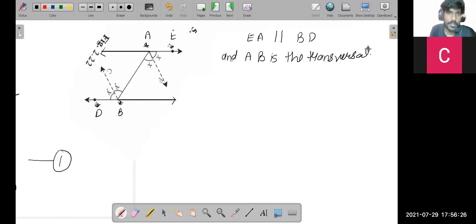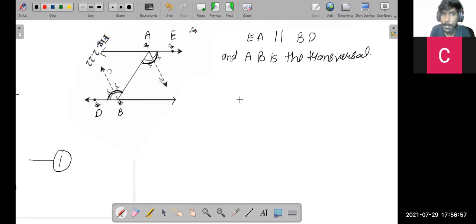Now, since AB is a transversal and both of these lines are parallel, this AE is parallel to DB. So we can say that this angle EAB and this angle ABD will be congruent.